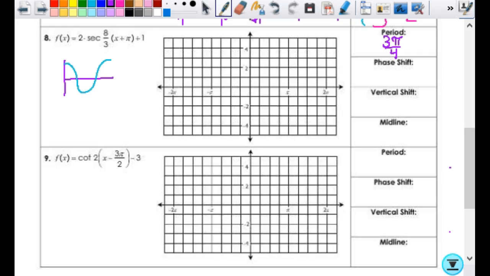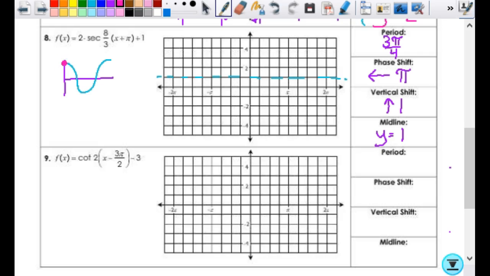Okay. So phase shift. I'm going to go to the left pi, right? I'm going to go up 1. So my midline is at y equals 1. Sketch that in. Okay, so for cosine, if I was graphing cosine, I would start at 0, 1.